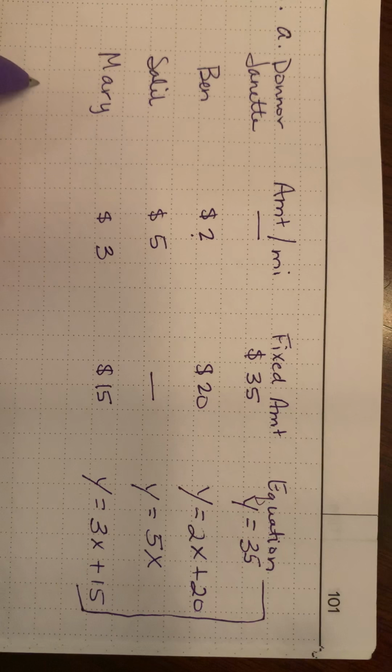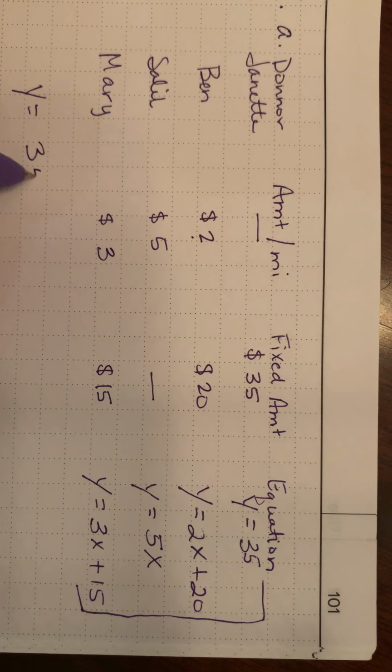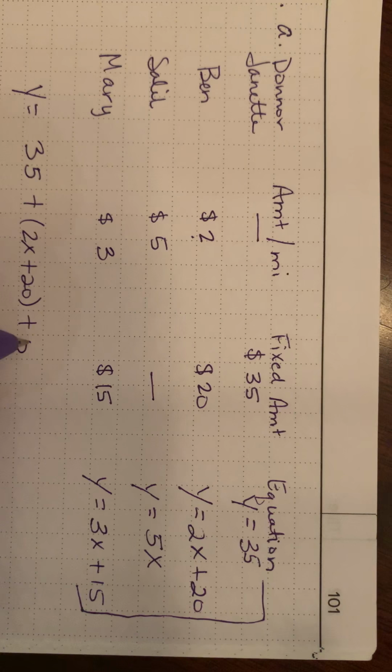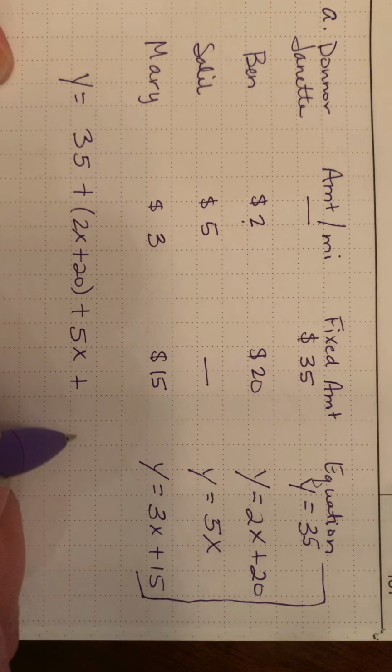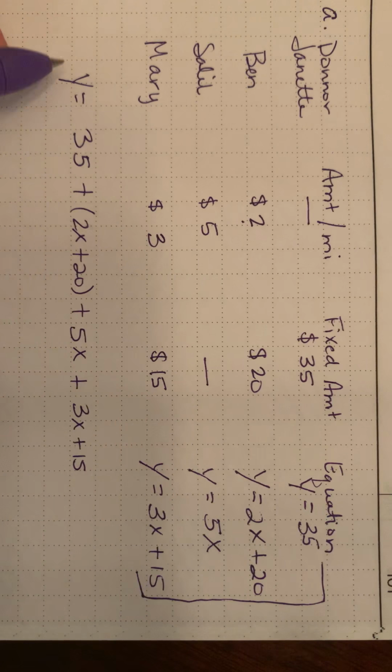So we have Y equals 35 plus 2X plus 20 plus 5X plus 3X plus 15. I just added all of these together and set it equal to Y. All right, now we're going to get rid of the parentheses and combine like terms.